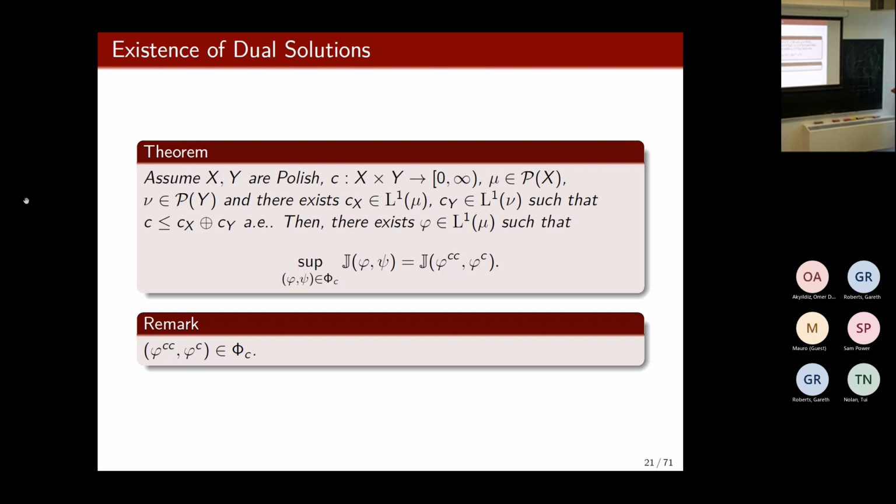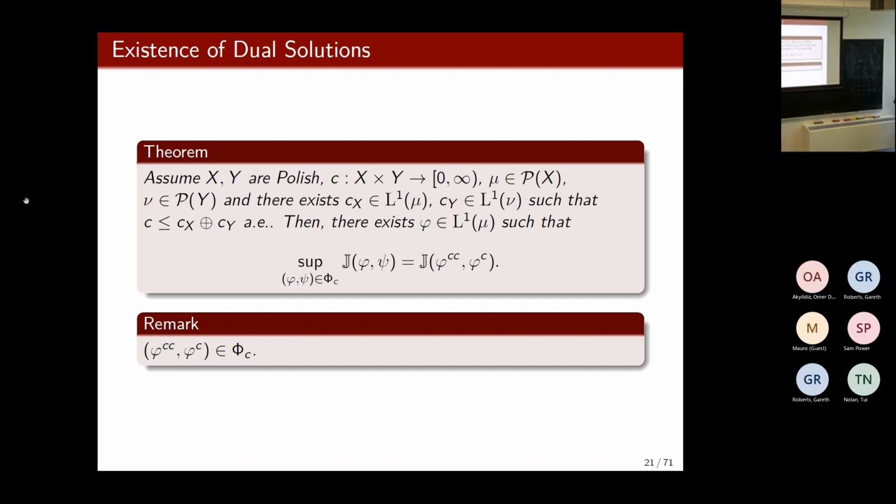But yeah, you're right. What you could do is replace this with a phi and this with a phi^c. So under what condition, or what's an example of a situation, where the phi double conjugate is equal to phi?